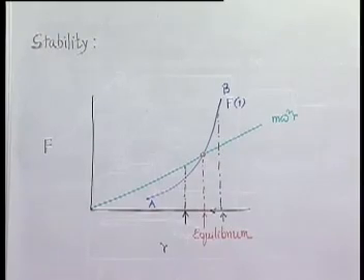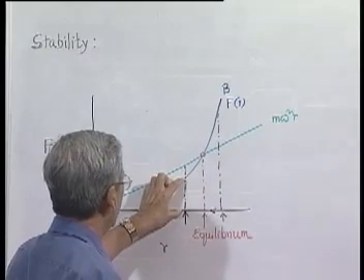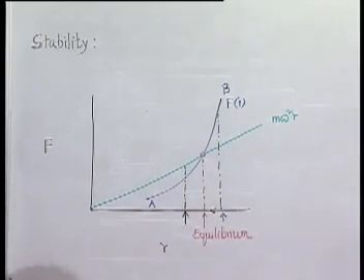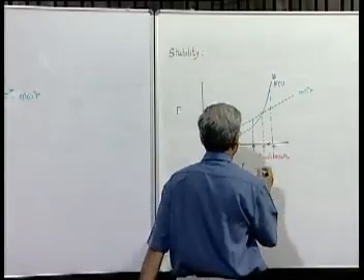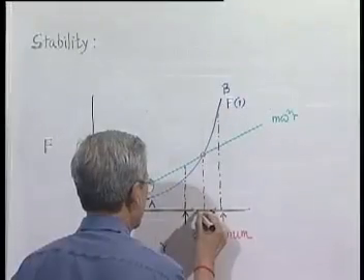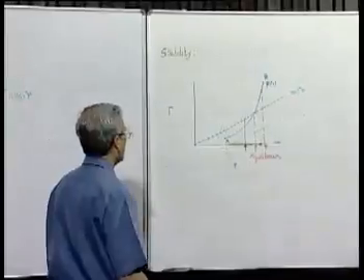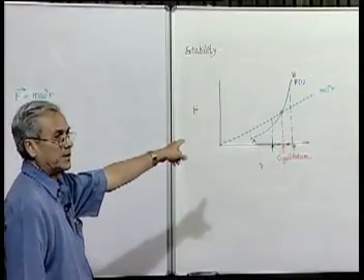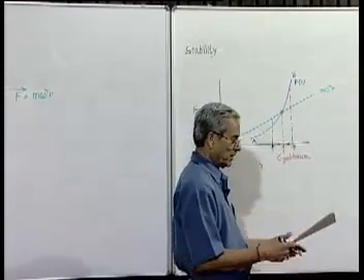What will happen? We can see now the control force is less than the deflecting force, so the balls will try to go out by increasing the radius. That means it is always trying to come back to its original equilibrium position for that particular speed, and therefore this situation is a stable operation.